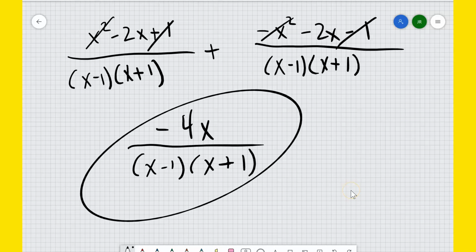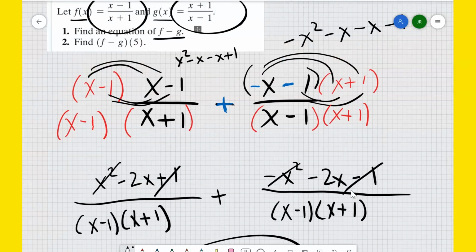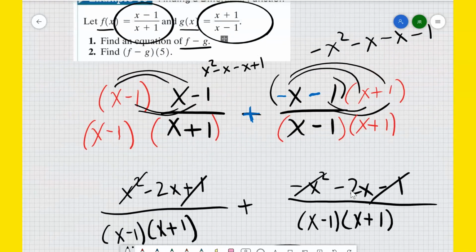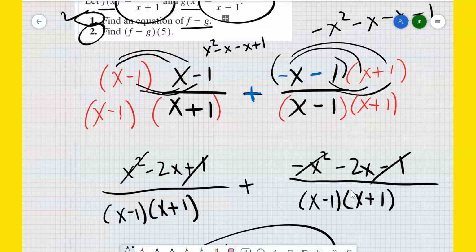All right, there is a second part to this problem. Let's look at it. We just did part 1, but now we've got to do part 2. Find f minus g of 5. That's not too hard.